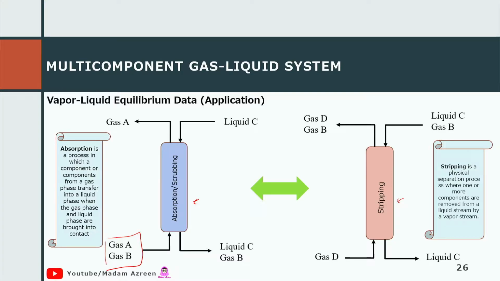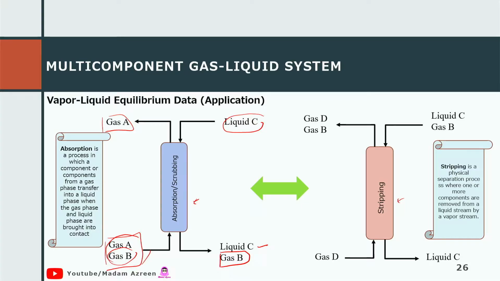It will contact with liquid C, and from this gas stream, B will transfer into the liquid. Ideally, if it is perfect, memang dia akan transfer, semua B akan dilute ke dalam liquid C, and only gas A will come out.